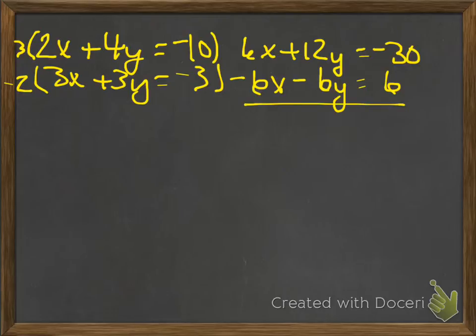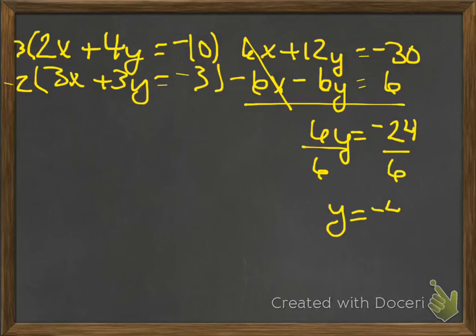Then the x's eliminate. 12 minus 6 is 6y. -30 plus 6 is -24. Divide by 6. It's -4. y equals -4.